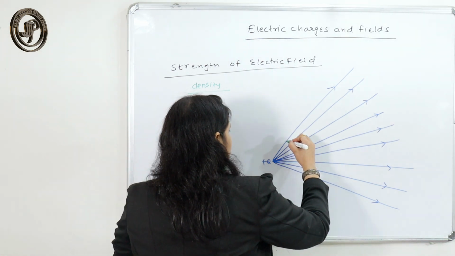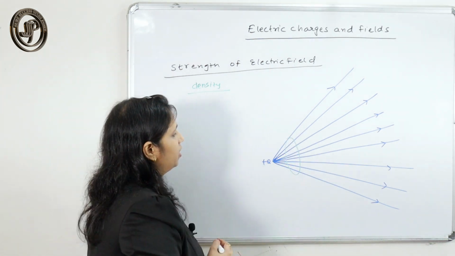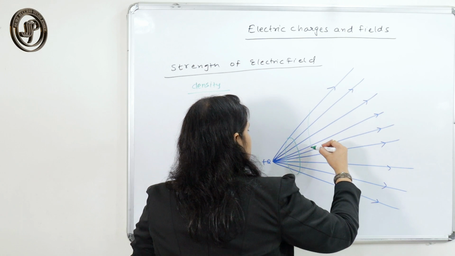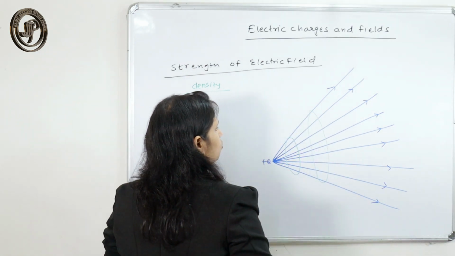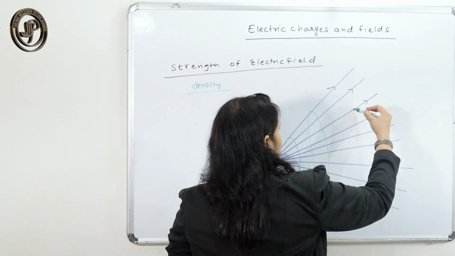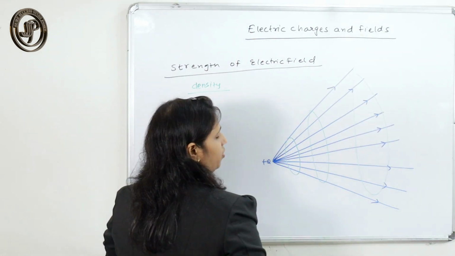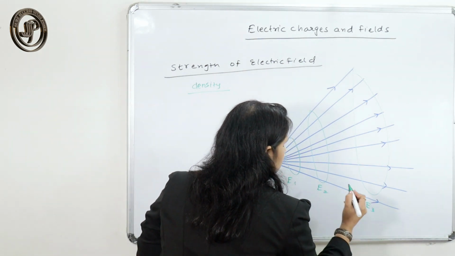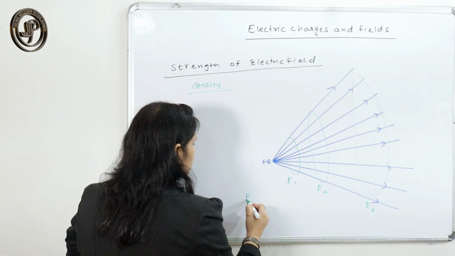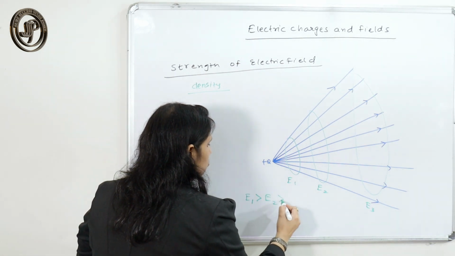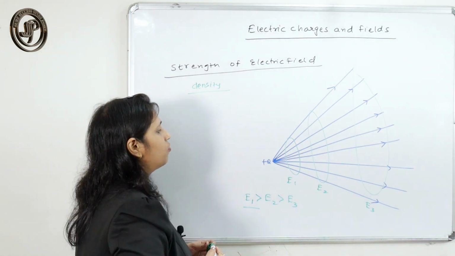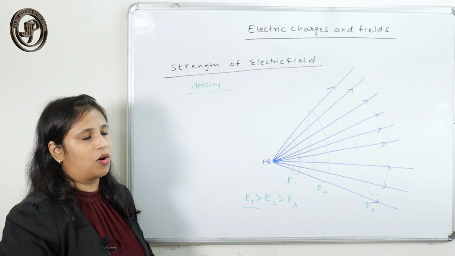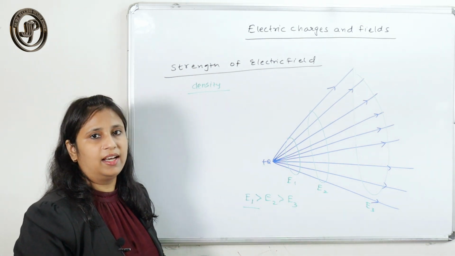So if I need to find the electric field in this region, or in this region, or here, I must say that if E1, E2, E3 are the strengths of the electric field, then E1 is greater than E2, which is greater than E3. It means the strength of the electric field in the E1 region would be stronger than E2 and E3.